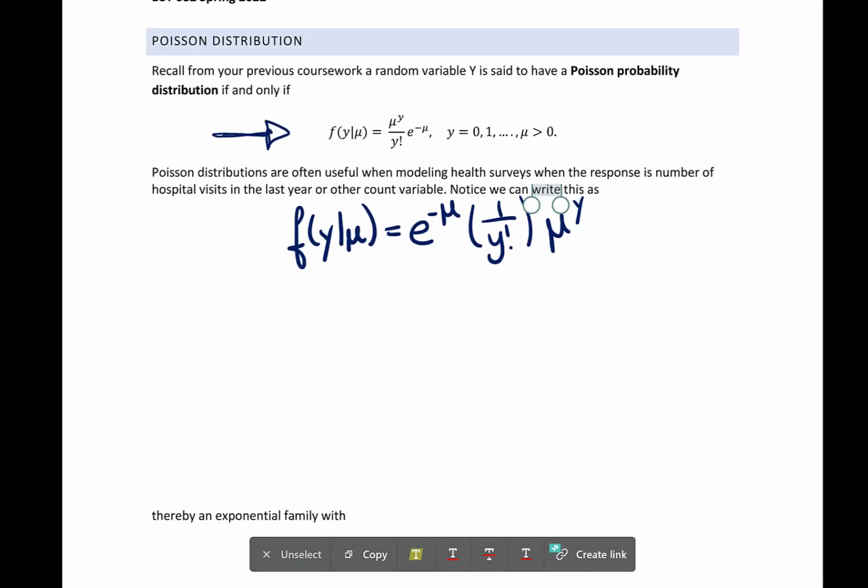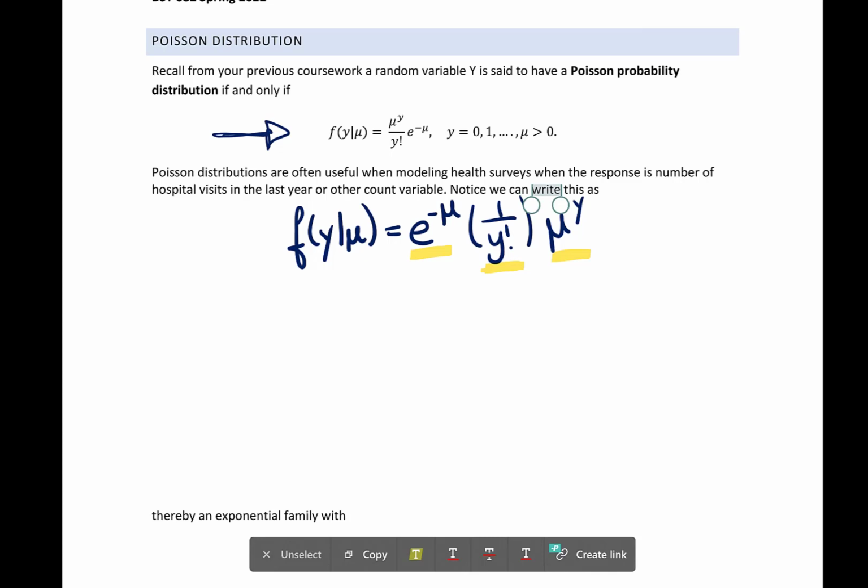Now, the next thing I want to do is just look at my terms and see what they are functions of. So notice this first term is just a function of mu. Notice this next one is just a function of y, and this next one is a function of mu and y. So looking at this, I know that that q theta times y is probably going to come into play with this last term.